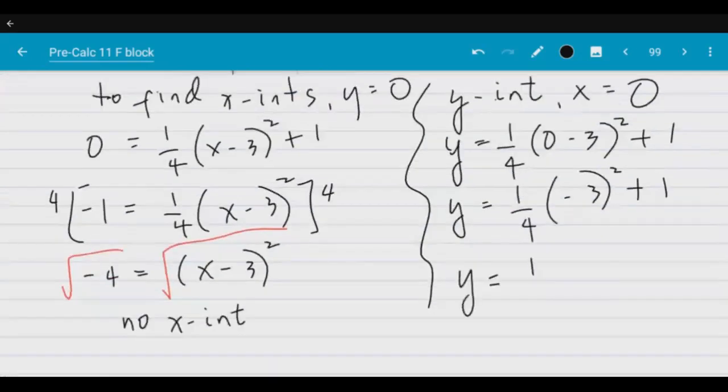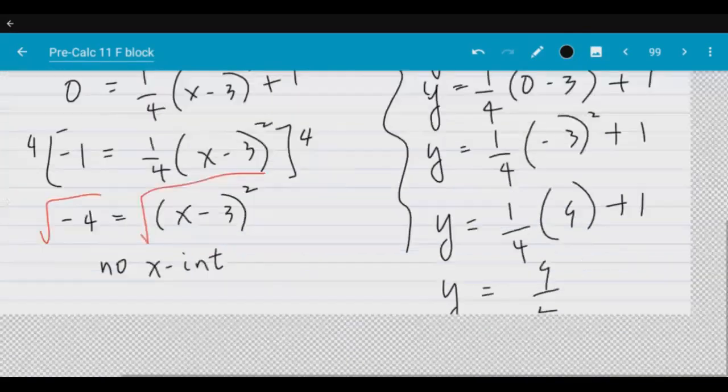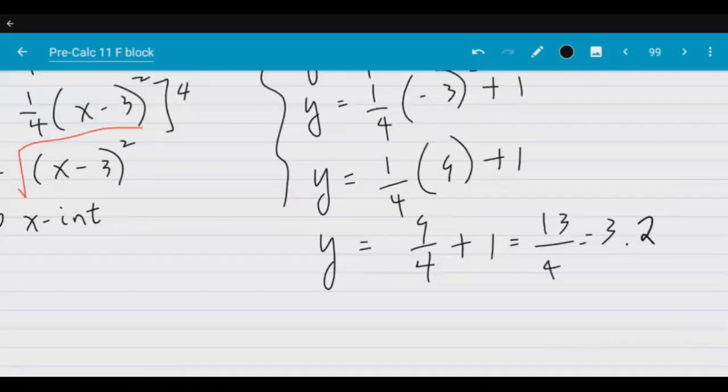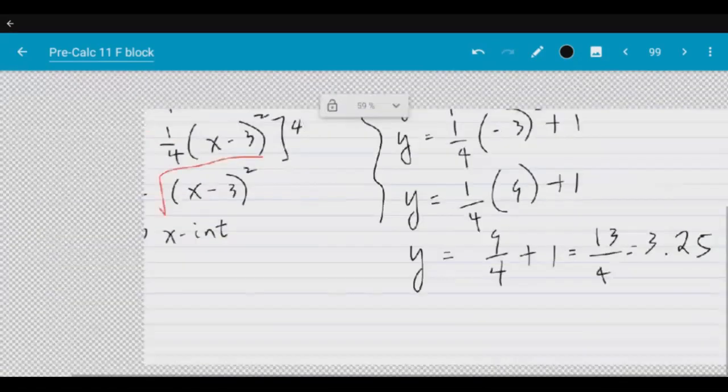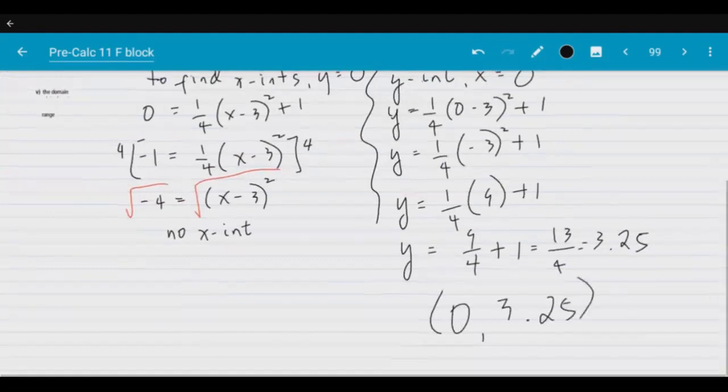Y equals 1/4 times 9 plus 1. All right. Y equals 9/4 plus 1, or 13/4, or 3.25. All right. So there's no x-intercept. The y-intercept is 0, 3.25. That's your y-intercept. Okay.